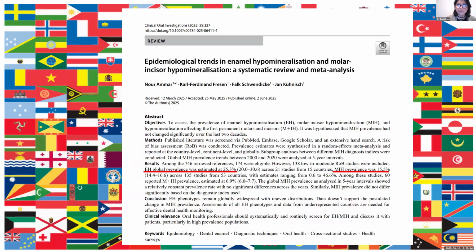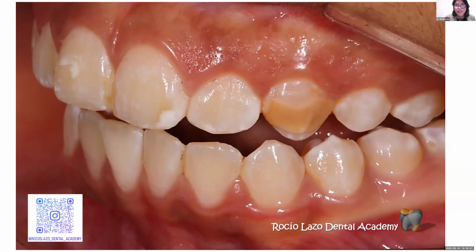The prevalence of hypomineralization in the world right now is 25.3%, and the prevalence of MIH is 50.5%. But you don't only have cases of hypomineralization in the first permanent molar.